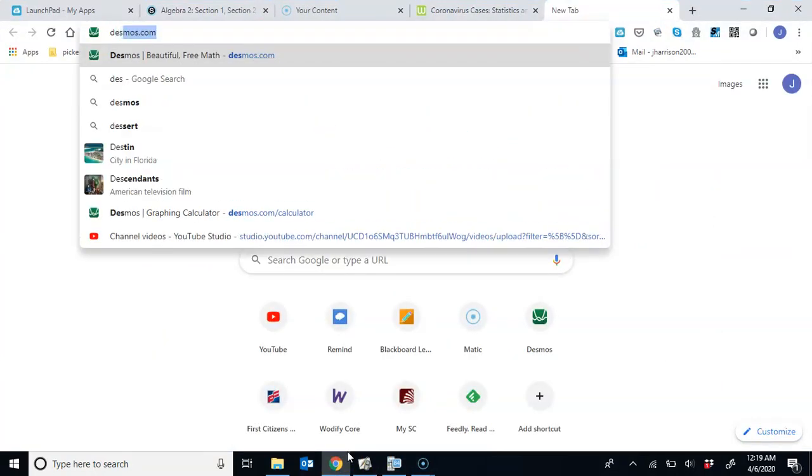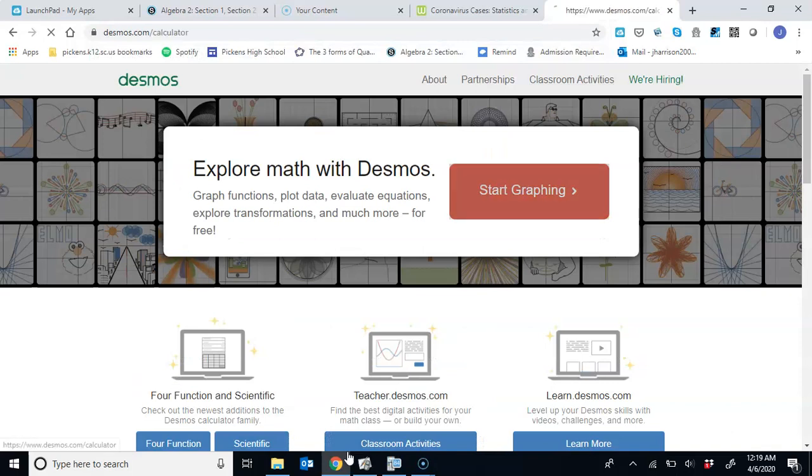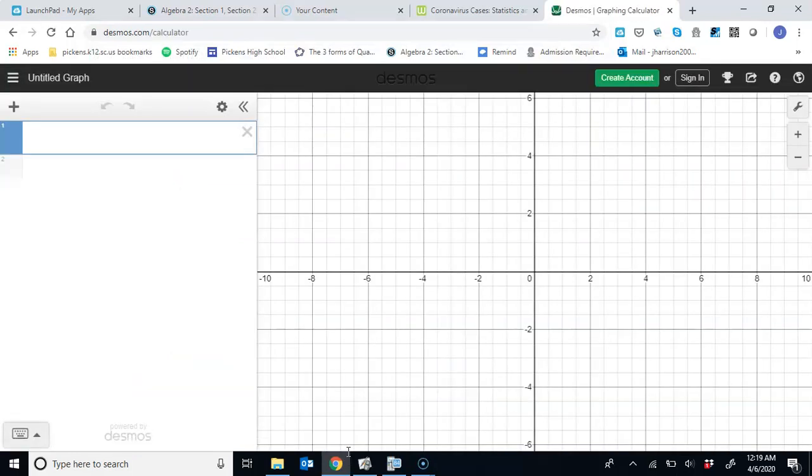So let's take a look at what that will look like on the graph. So I'm going to open a little Desmos page here. We're going to come back to this in just a moment because I'm going to show you how Desmos can actually be used to help you find the equation for an exponential growth or decay. So we're going to add in a table. So I'm going to hit that little plus sign right here and hit table.